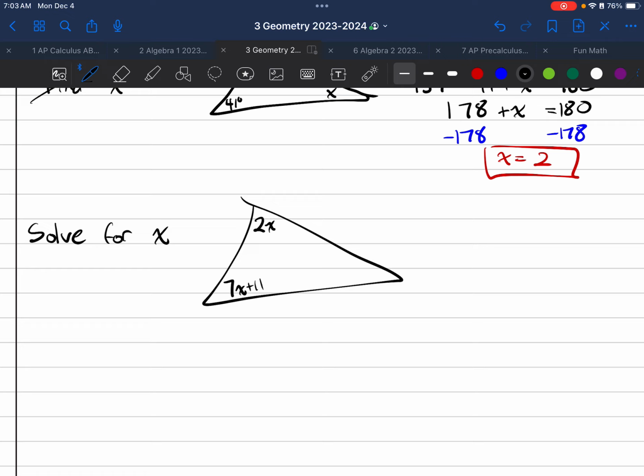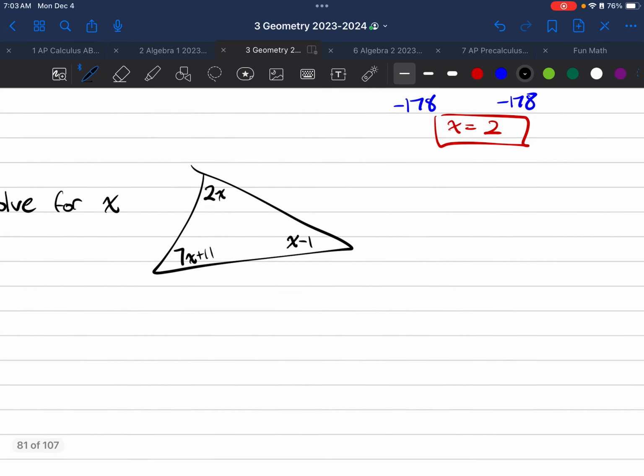It's off by 7, I think. So if I say this is 7 plus a multiple of 9, what if I do, let's say that this is x minus 1. Would that work? I think this will work. Good. Okay, so solve for x. I had to make up a problem on the spot.